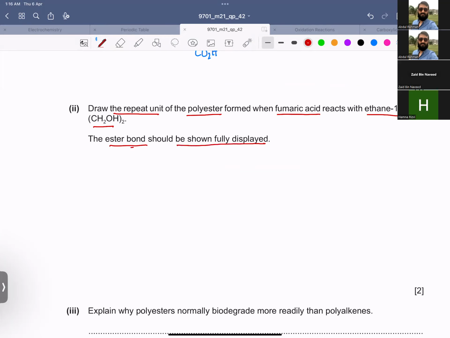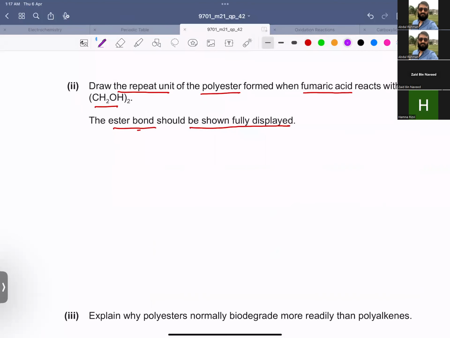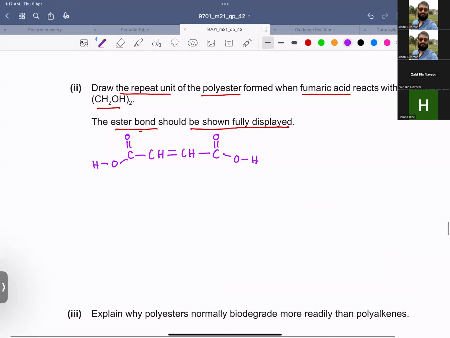Okay, so if I draw the fumaric acid, it has two carbons forming a double bond and two more carbons which are actually carboxylic acid. So this is the fumaric acid, right?